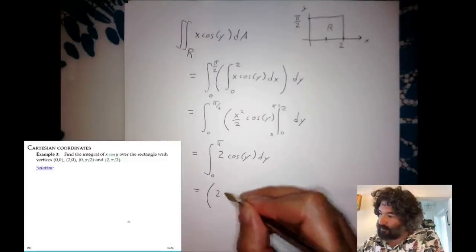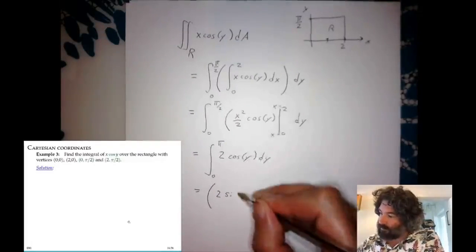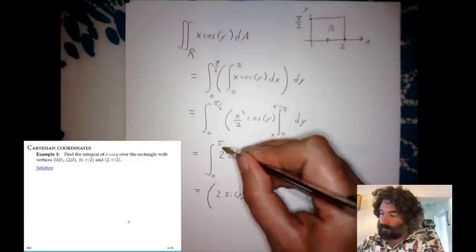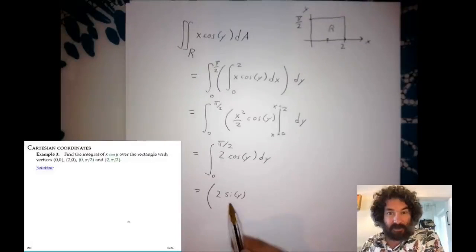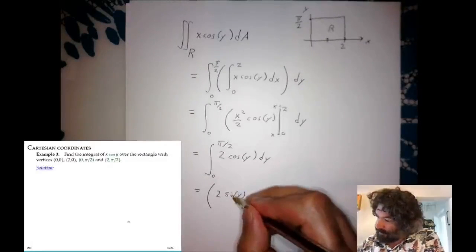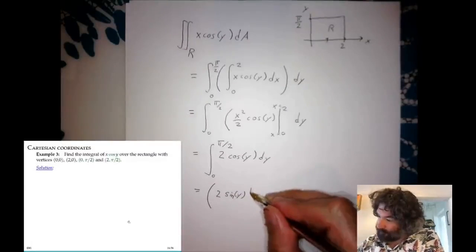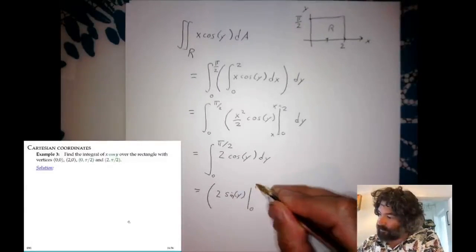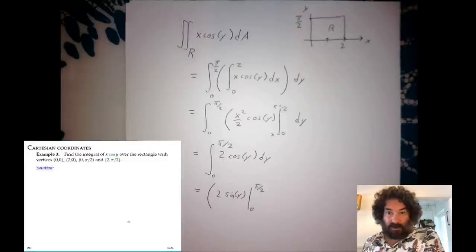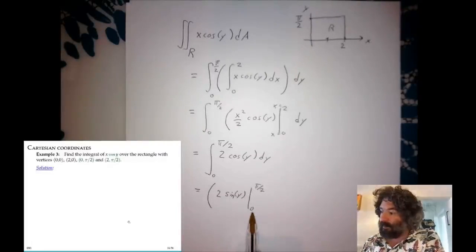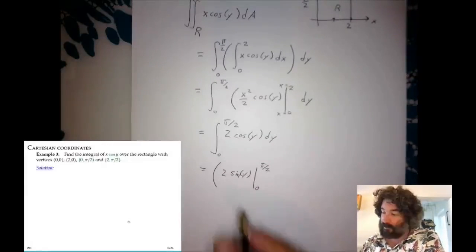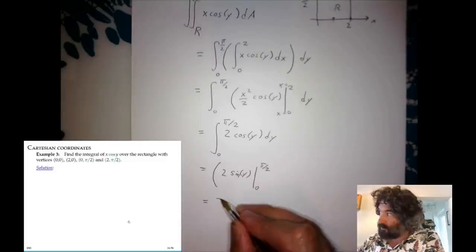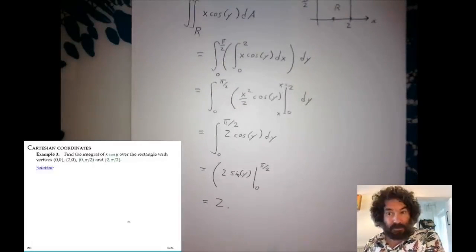So 2 sine y, and some of you may have noticed I forgot to write pi over 2 here, so let's put that back in. So 2 sine of y, evaluated from 0 to pi over 2. And when you plug in y equals 0, you get 0. When you plug in pi over 2, you get 1. So this is 2. That's the double integral.